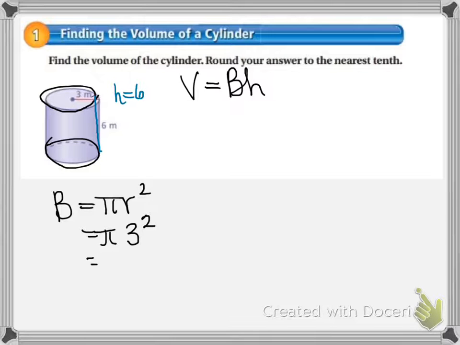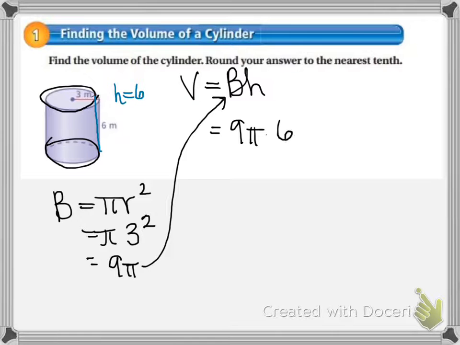Okay, and 3 squared is not 6, but 9, because 3 times 3 is 9. And remember, there's a pi after that. This goes into my formula where my b is. Okay, my height. Do you remember what the height is? The height is 6. Okay, we found that first. And now multiplying 9 times 6, you get 54 pi. This is the exact answer.